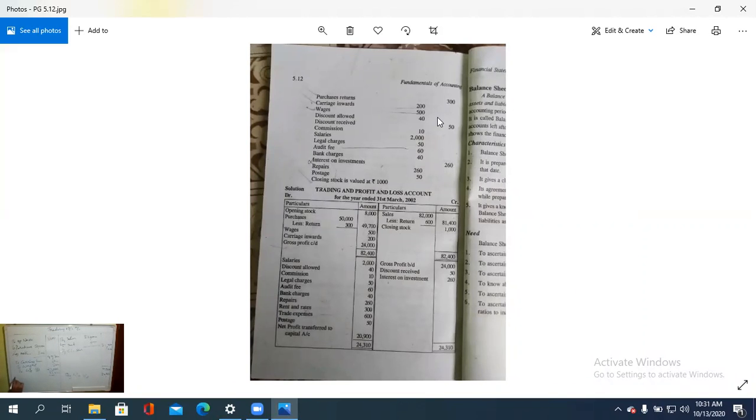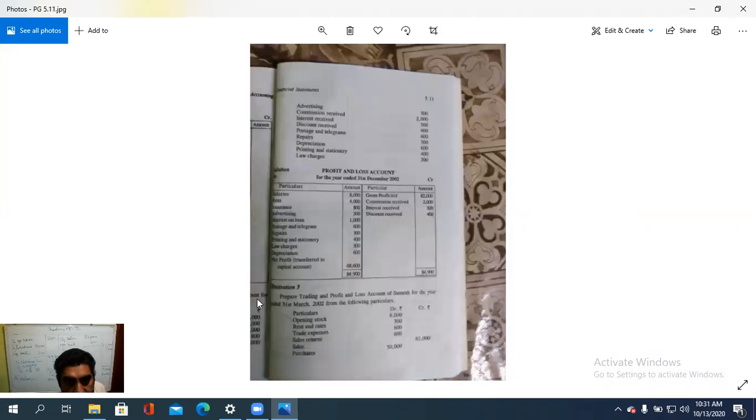The indirect expenses. To salaries, how much is it? 2,000. Then after that, here there are some items, isn't it? Rent and rates, trade expenses, that too need to be taken here. To rent and rates, 300.